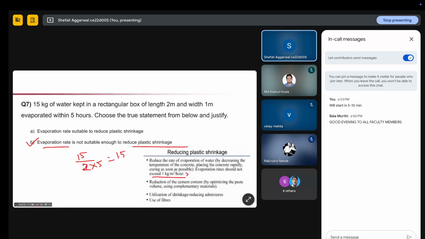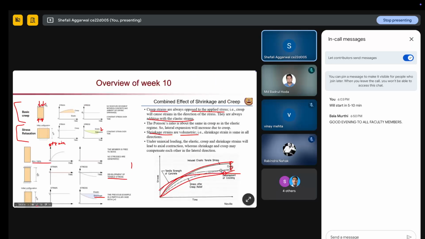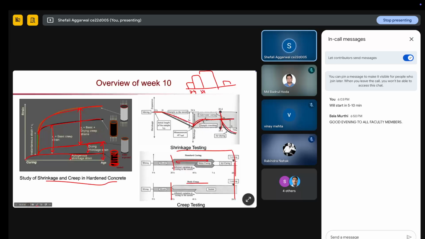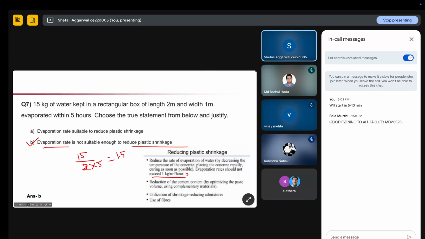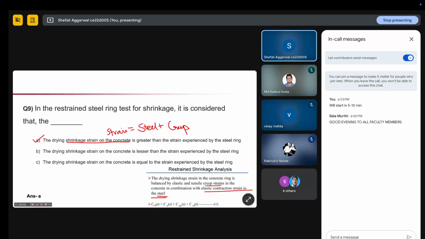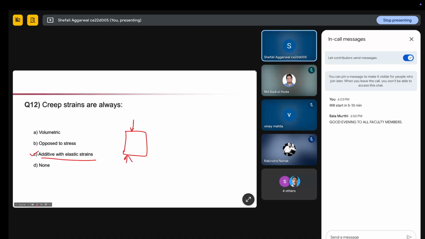Okay, it is always opposite. So B and C both are correct answers: opposite to stress as well as additive with the elastic strain. Sorry, I will correct it.